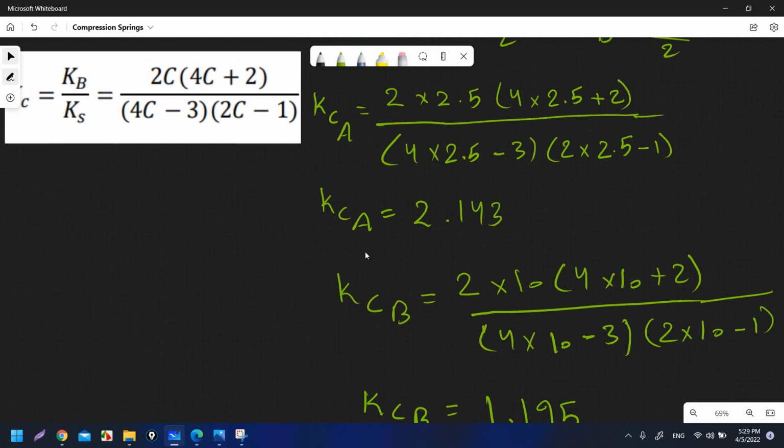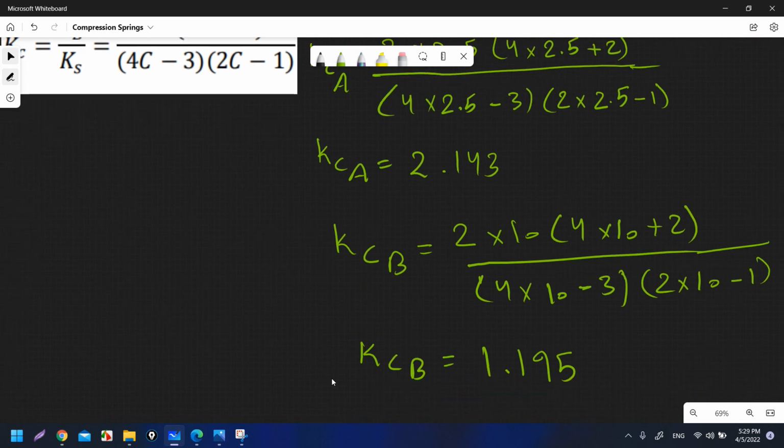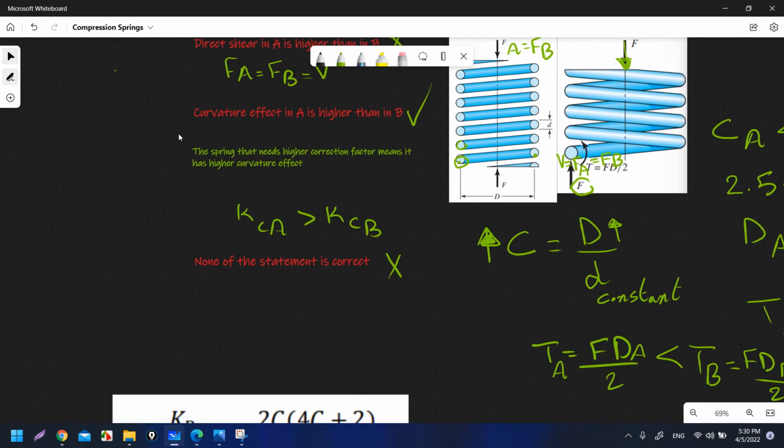So the correction factor for A is higher than for B, which means spring A has a curvature effect higher than B, and this is what the sentence says: curvature effect in A is higher than in B. So this multiple choice is correct. Of course, if this one is correct, then the other sentences are wrong. So the answer for this question is that the curvature effect in A is higher than in B.